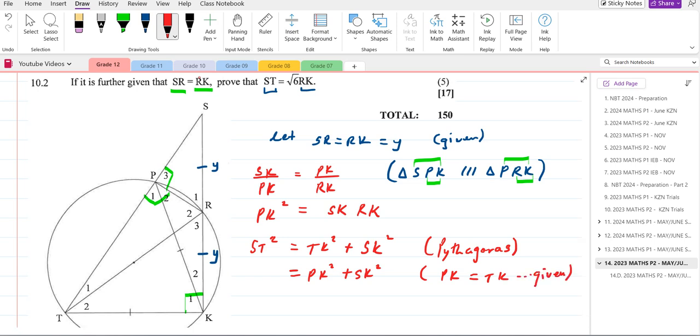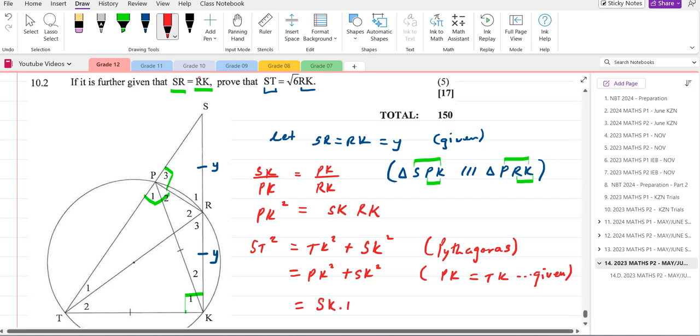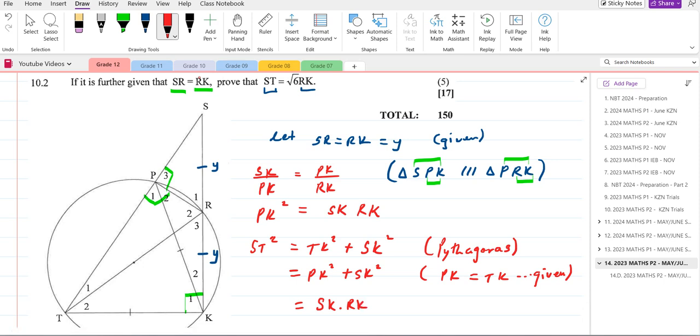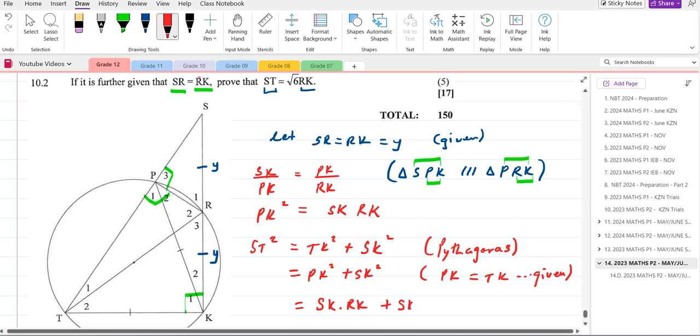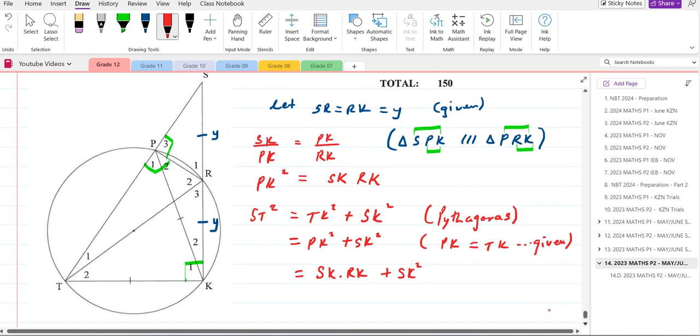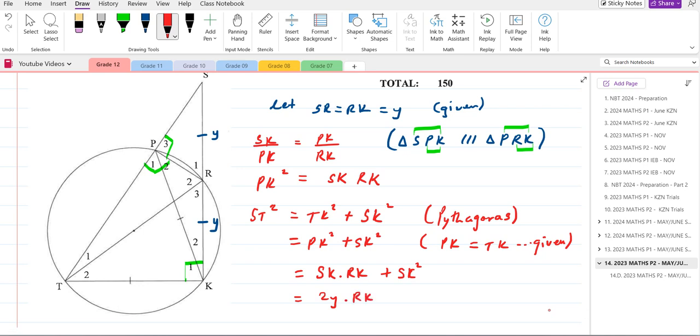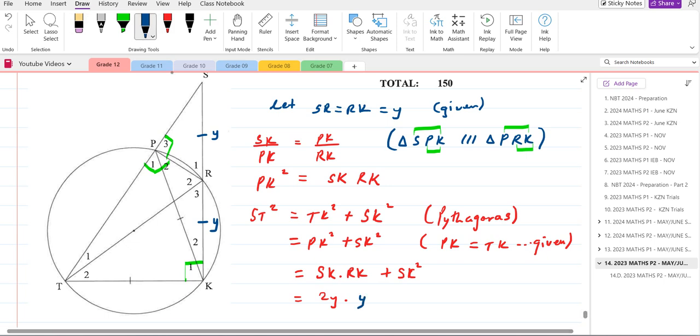But now PK squared is SK RK. So PK squared is SK RK plus SK squared. Now remember what was SK? SK is 2y times RK. What's RK then? RK is just y. SK is 2y, RK is y, plus SK is 2y all squared.